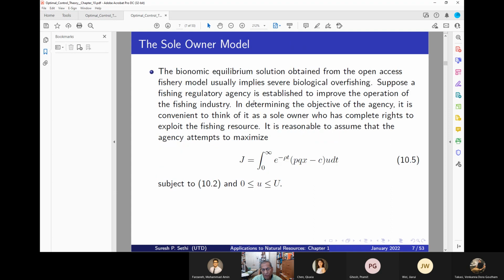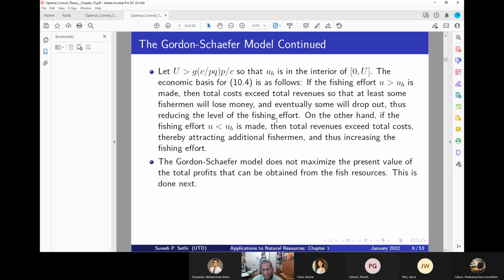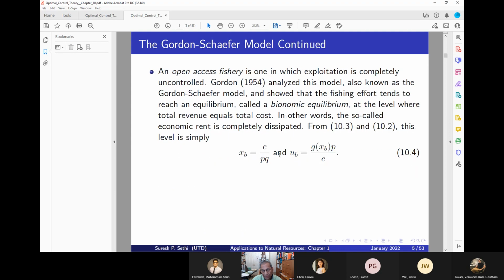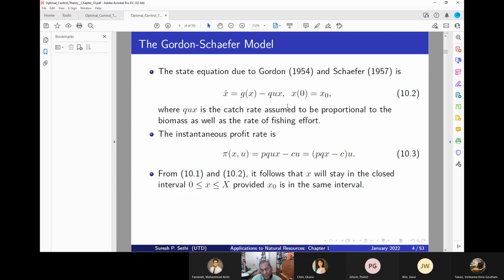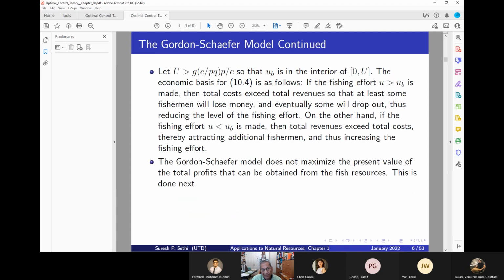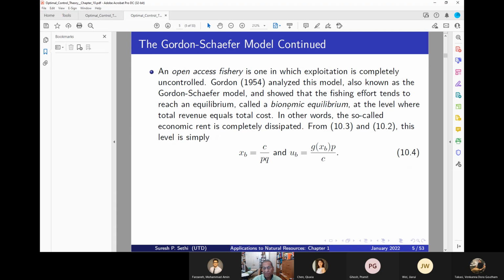And so if you were to have controlled fishing, then you will see that the one who is going to maximize his profit will not go to bionomic equilibrium. So if I was the owner in the sole owner model, I own the fishery, then I will not exhaust the fishery to the bionomic equilibrium. I will have a biomass which is bigger than the bionomic equilibrium, and I will keep that biomass. And that would be the optimal biomass.